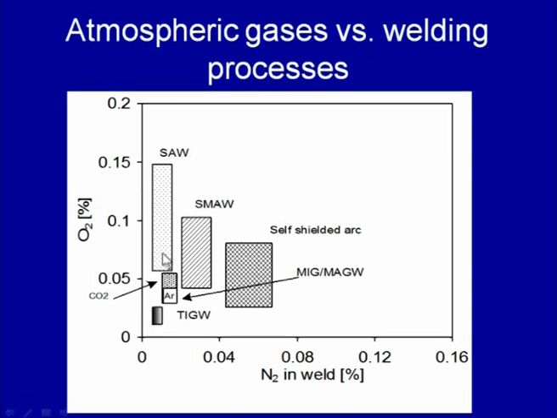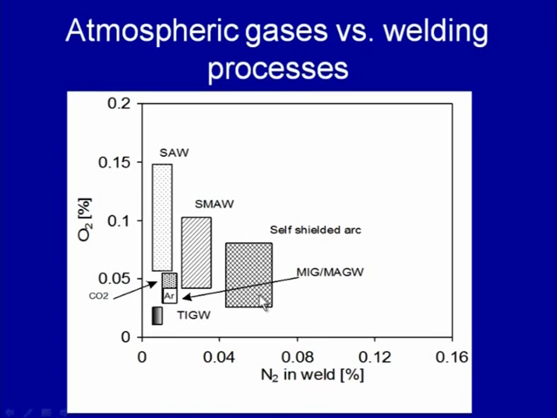So, if we compare the different welding processes in terms of the oxygen and nitrogen content in the weld metal, we can see that the effectiveness of each process to protect the weld pool from these gases is different, and the cleanest weld is produced by the tungsten inert gas welding process, while the self sealed arc welding process results in a higher concentration of oxygen and nitrogen in the weld joint.